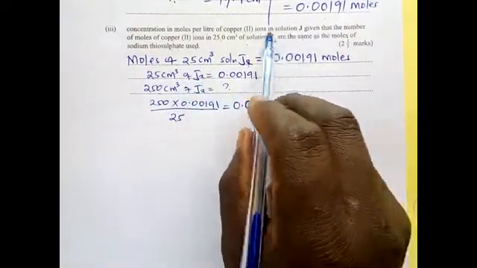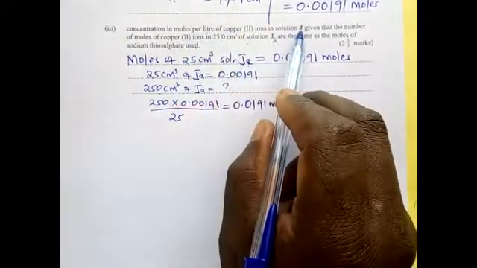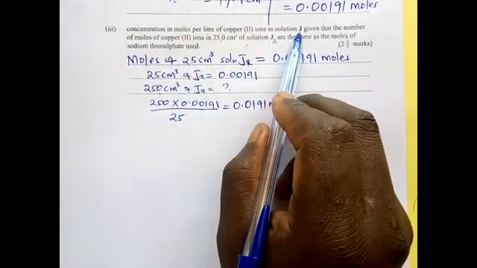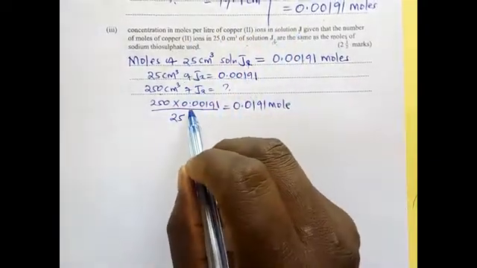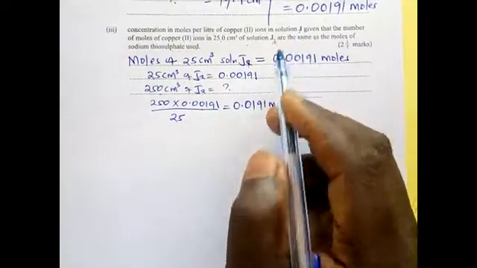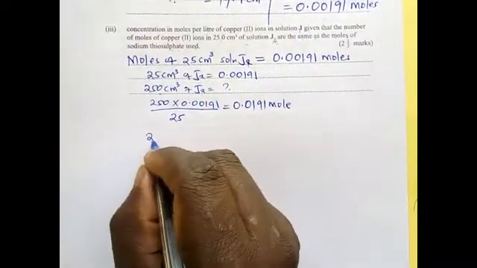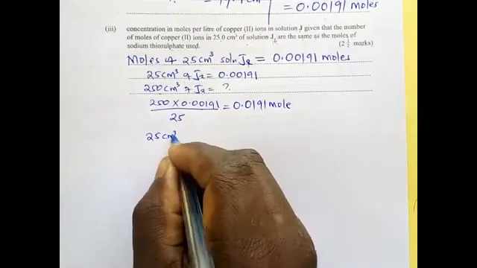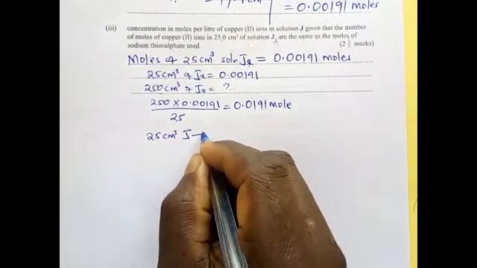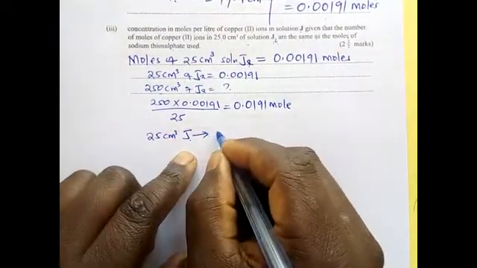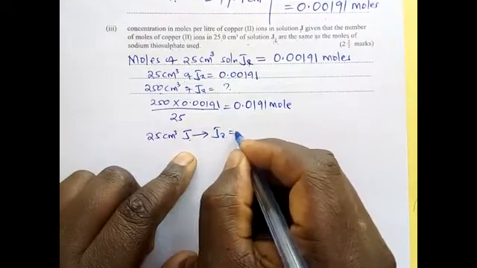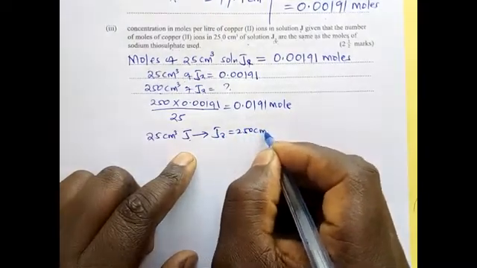But remember, we want the concentration in J. What is the relationship between J2 and J? Remember, we took 25 centimeters cube of J and diluted it to form J2, which is equal to 250 centimeters cube.